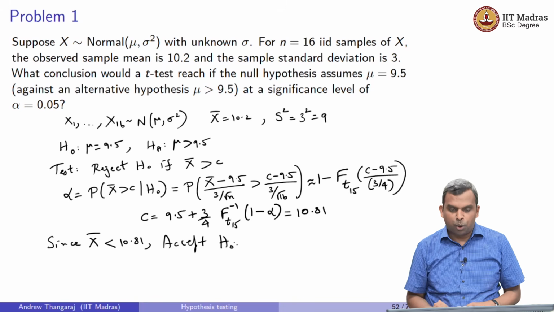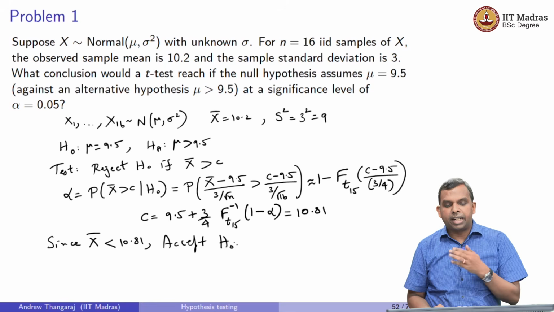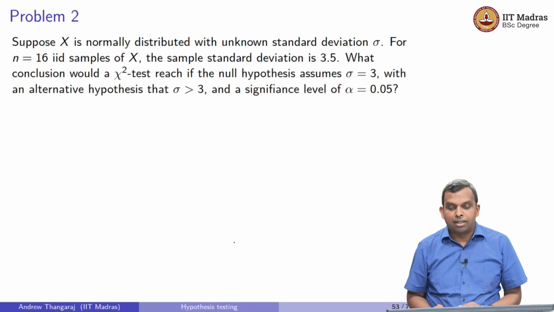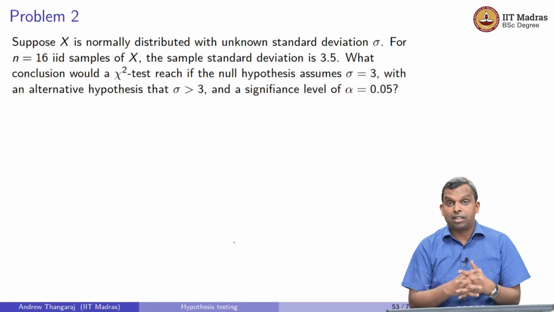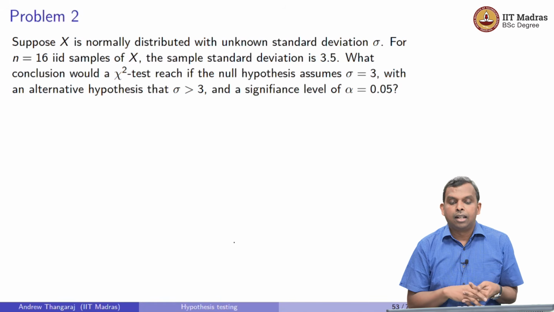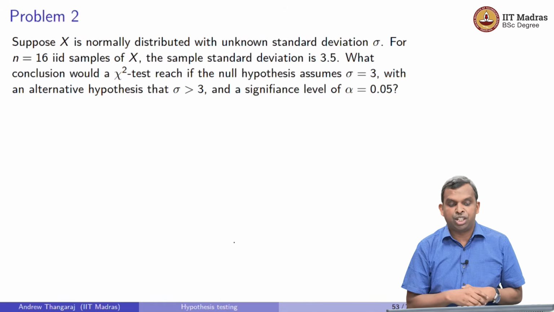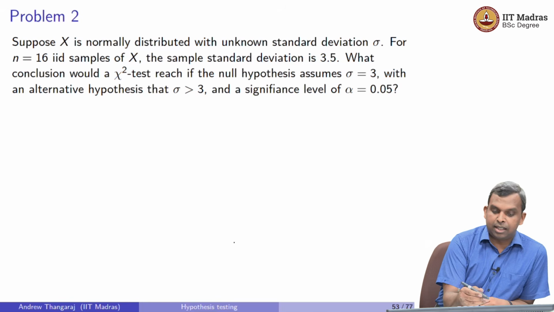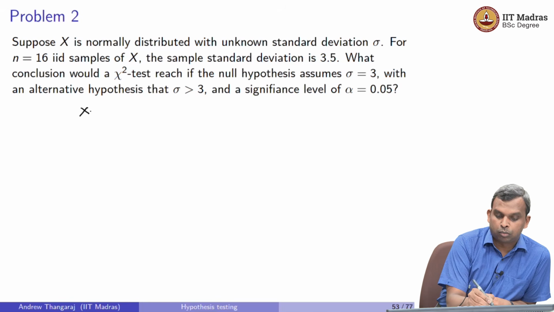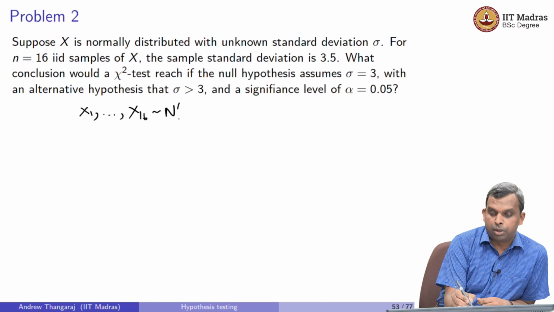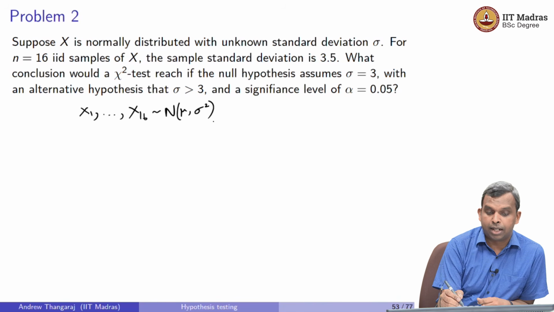Okay, so this kind of problem is a very textbook problem on the t-test. We'll do a similar textbook problem on the chi-square test also. So this is the chi-square test for one sample variance. You can see here x is normally distributed with unknown standard deviation. Once again there are 16 samples, normal with mean mu, the mean doesn't really matter, and the variance is sigma squared.